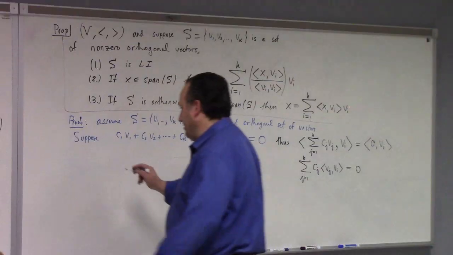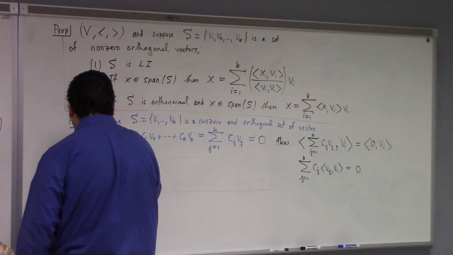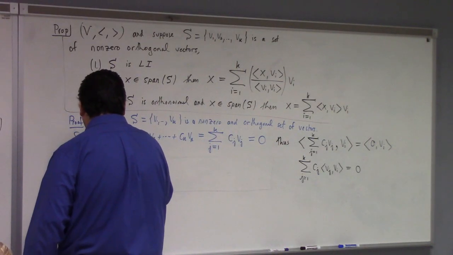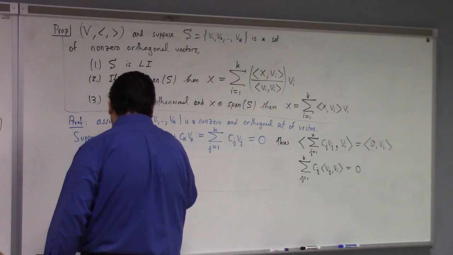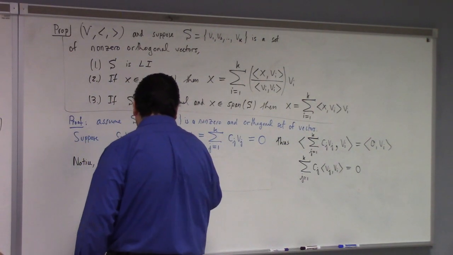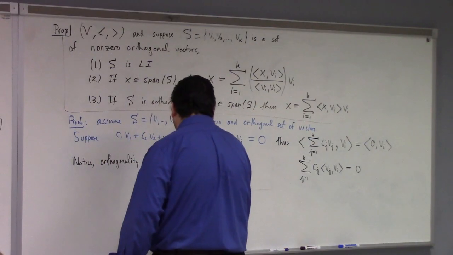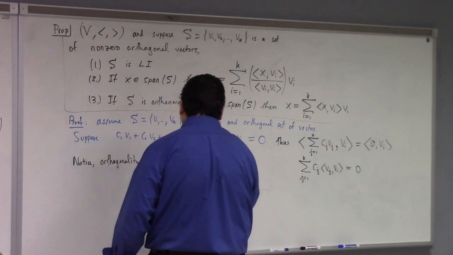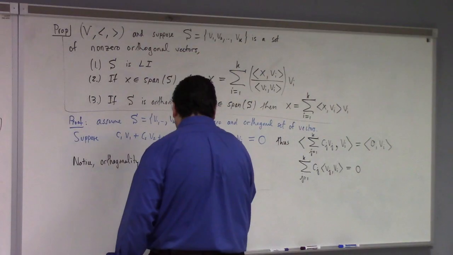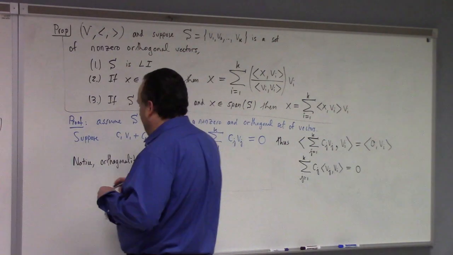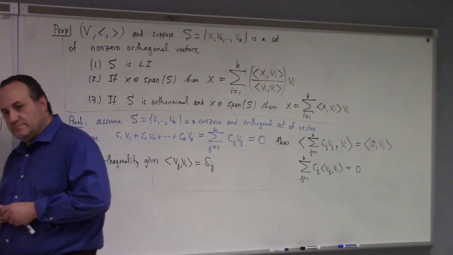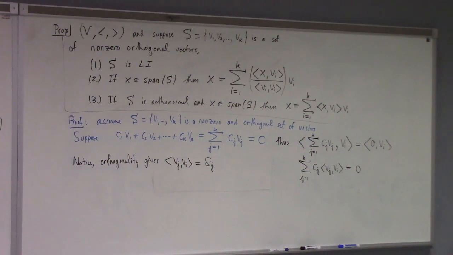Notice, though, orthogonality gives that the inner product of vi with vj, or I can do vj with vi, which is kind of what I did here, is equal to the Kronecker delta ij. Is that true? Not quite, right?